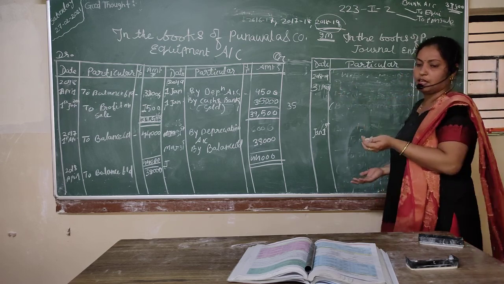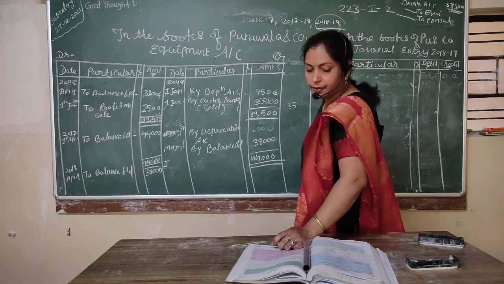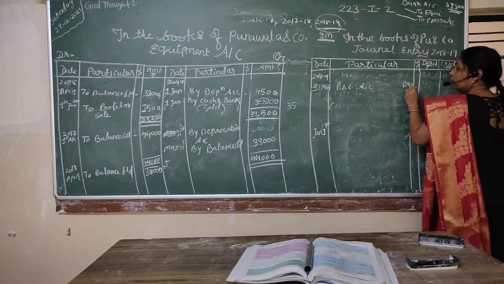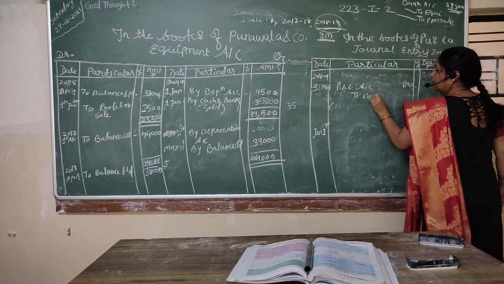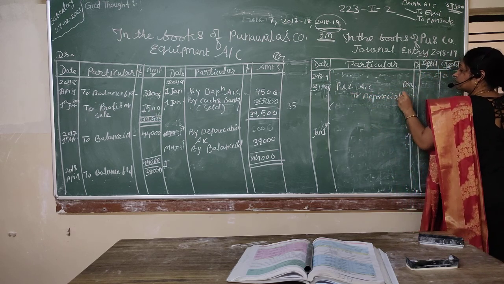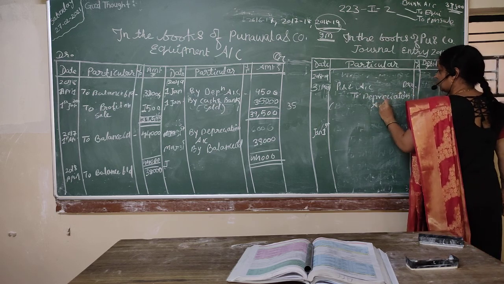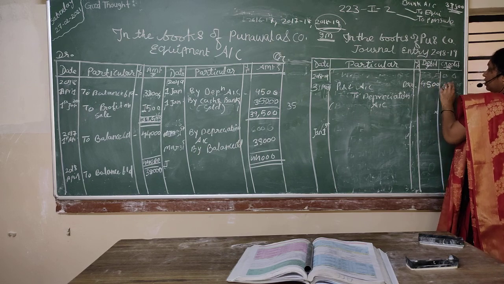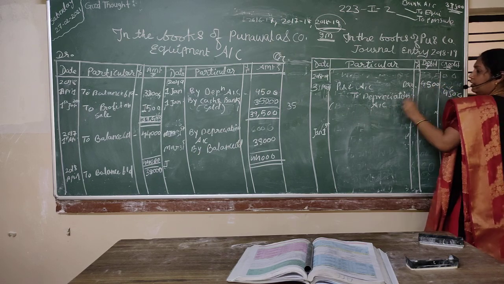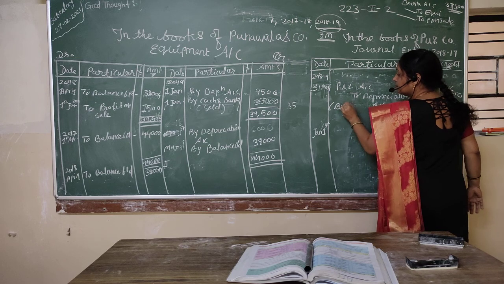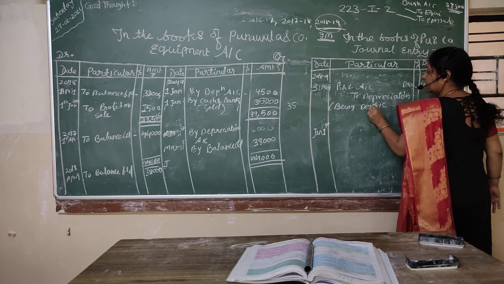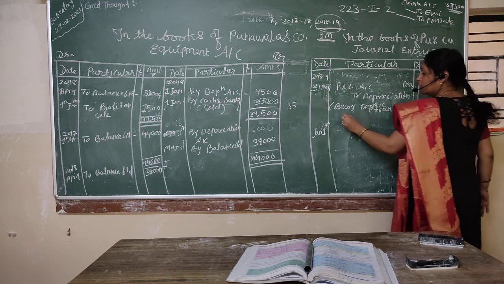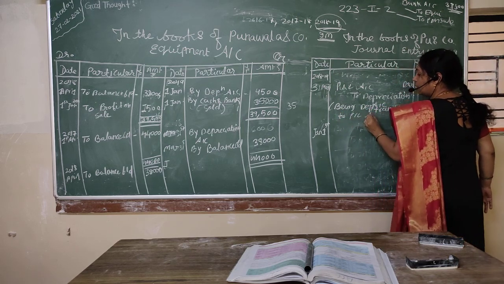The date is always the same. So we will write profit and loss account debit to depreciation account. How much was the depreciation amount? 4,500, being depreciation transferred to profit and loss account.